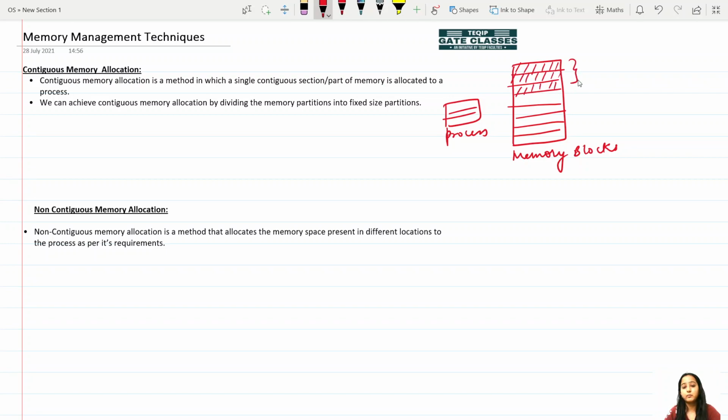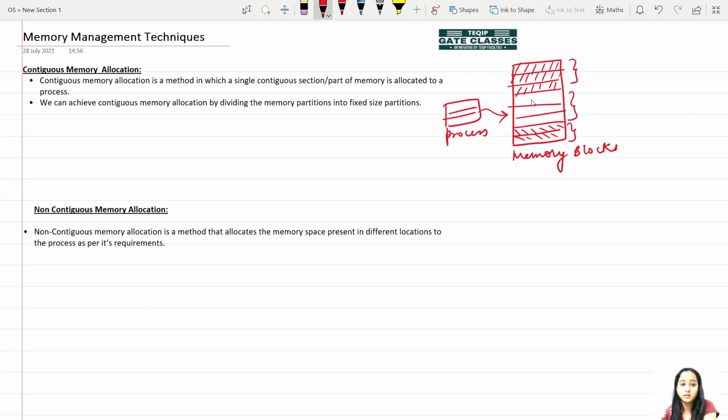Suppose this is one memory block, this is another memory block, and this last one is another memory block. Suppose we have 3 memory blocks. So this process will be placed here, in a single contiguous section.